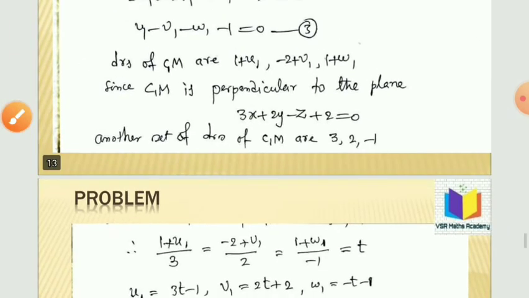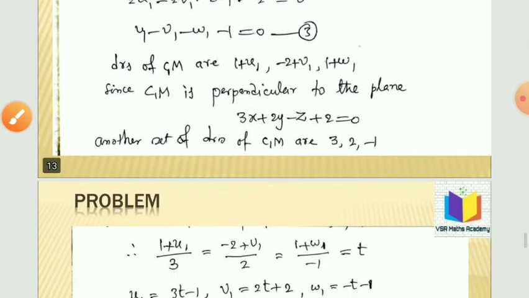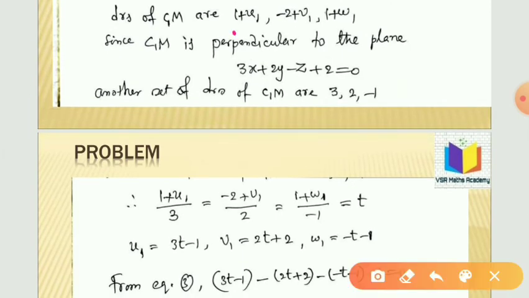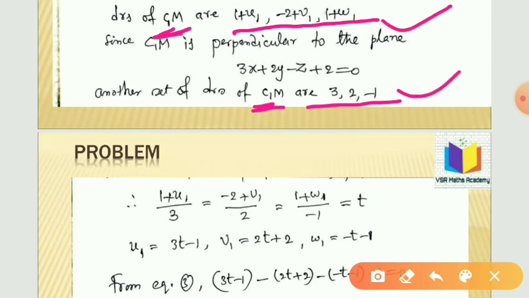Here you can see this is one set of direction ratios of C1M and this is another set of DRs of C1M. The line is the same, C1M. We know already that every line may have any sets of direction ratios, but any two sets of direction ratios of a line are proportional.